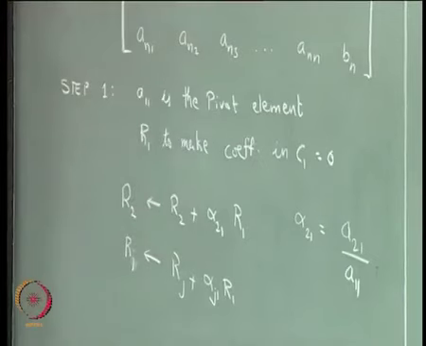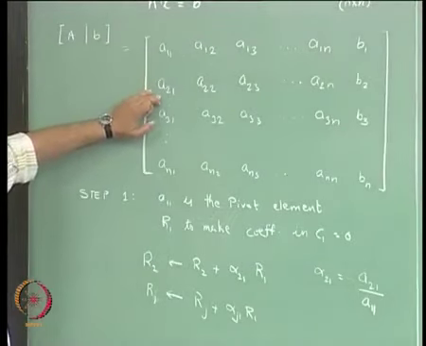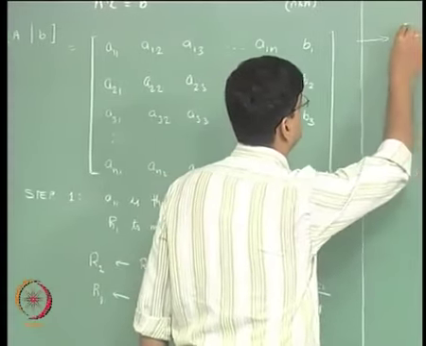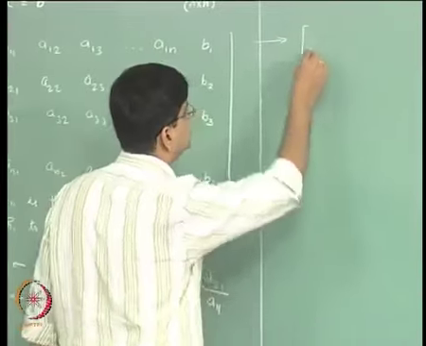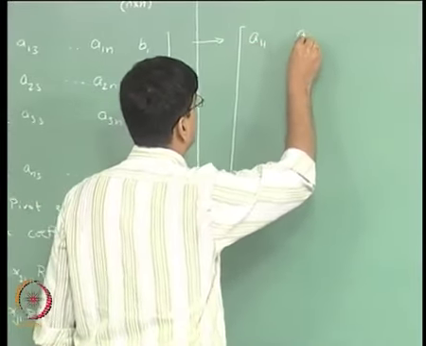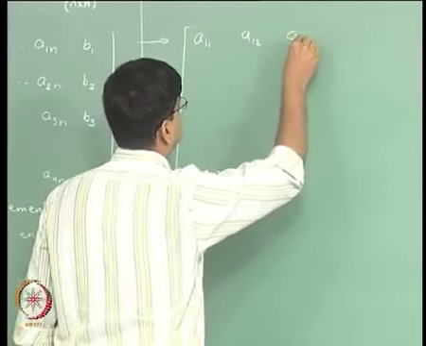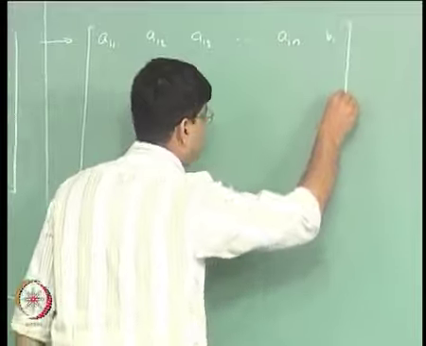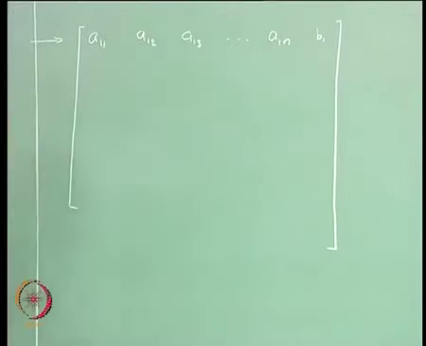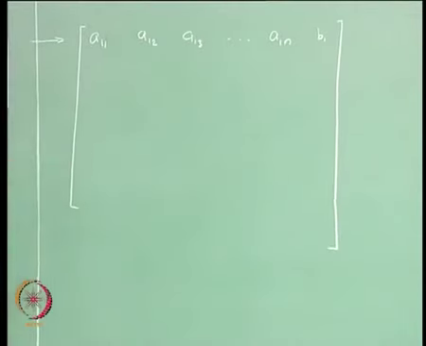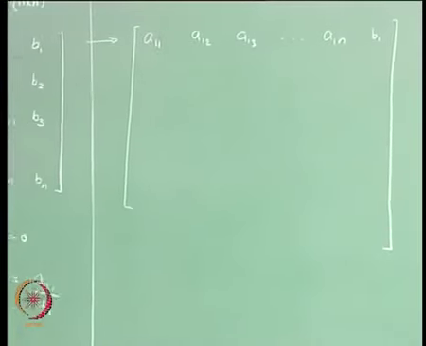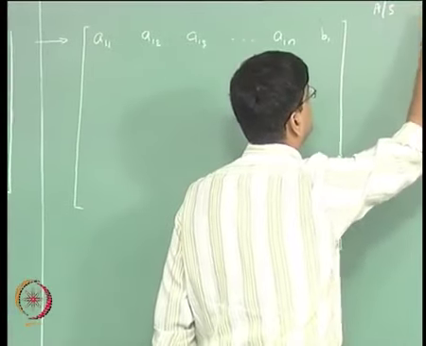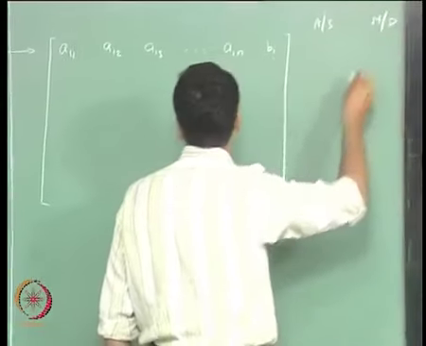Okay. So now let us look at doing the first operation. When we do the first operation, row 1 remains the same; there is no change in row 1. So I will write it as A11, A12, A13 and so on up to A1n, B1. The first computation is in computing A21. I will write the addition subtraction steps over here and the multiplication division steps over here.